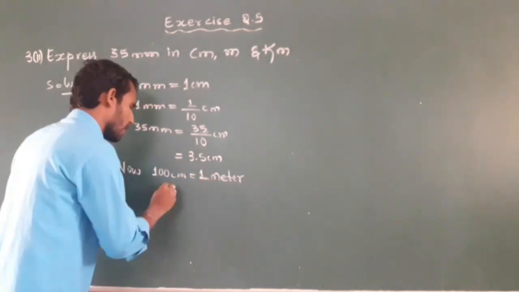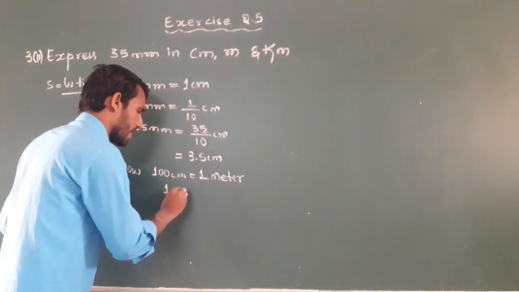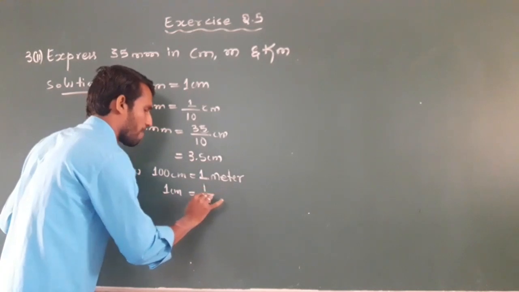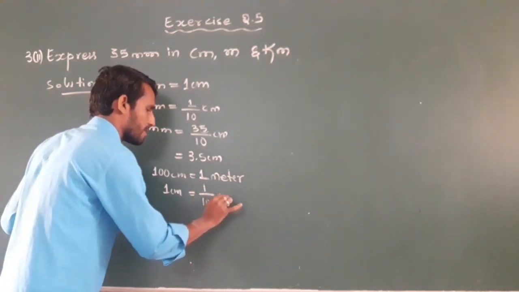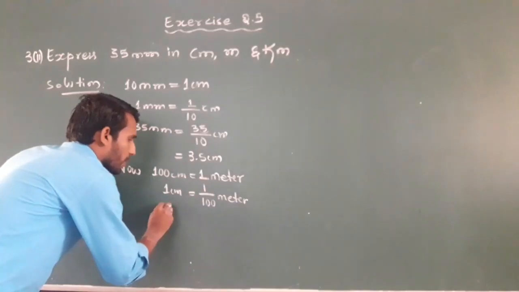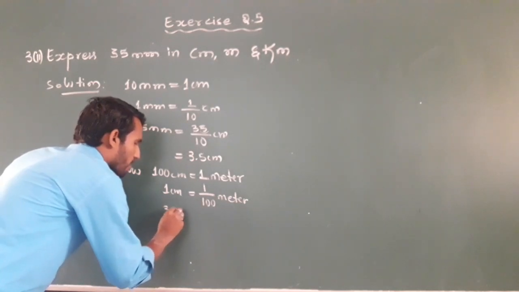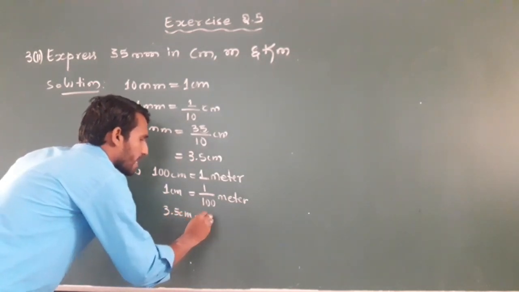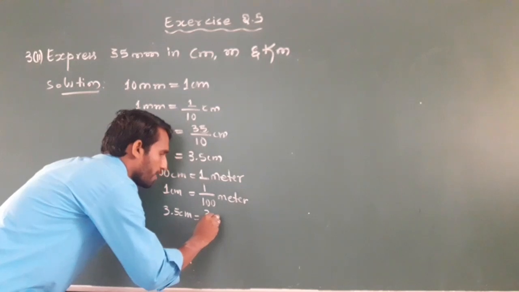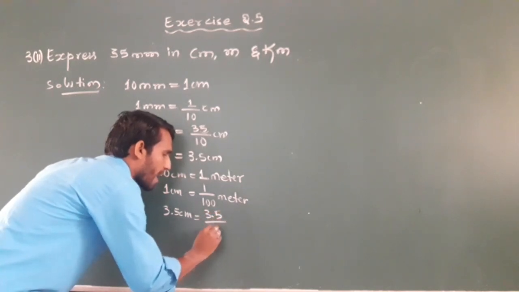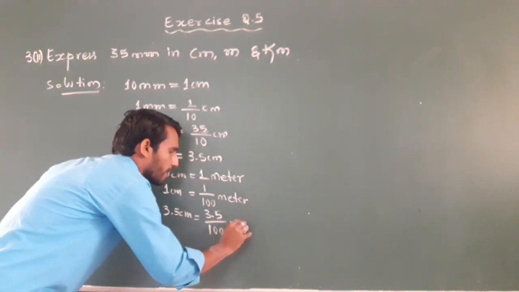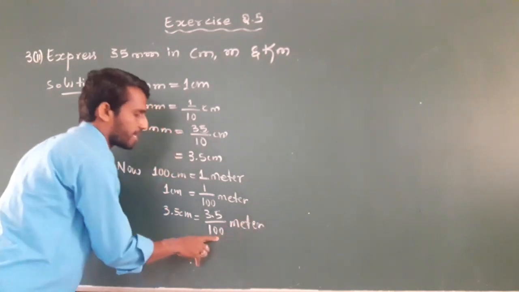So 1 centimeter equal to 1 by 100 meter. When we write 3.5 centimeter, it is equal to 3.5 by 100 meter. Dear friend, here we have 2 zeros.